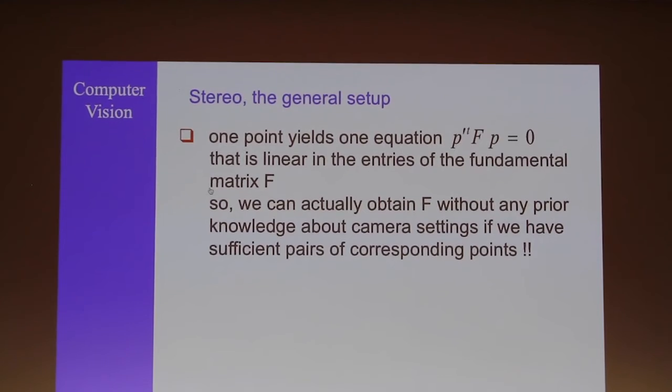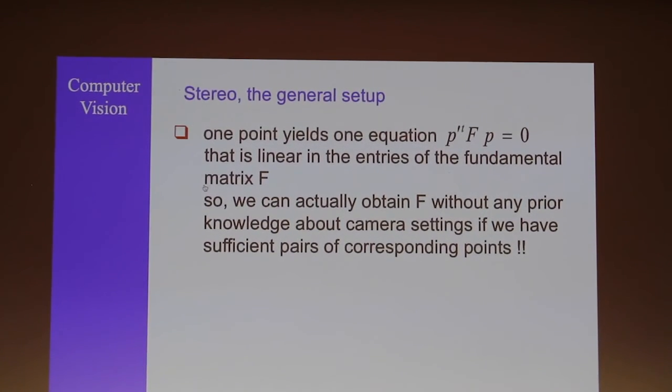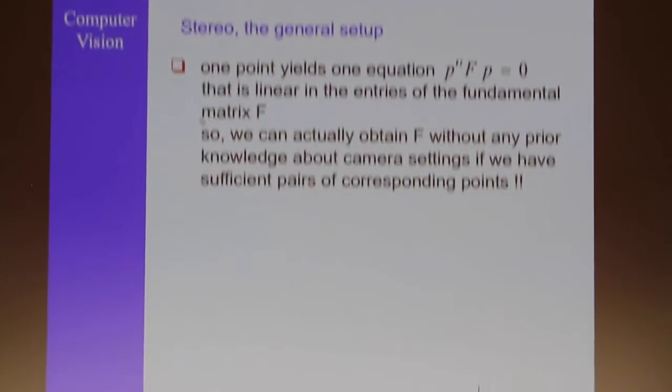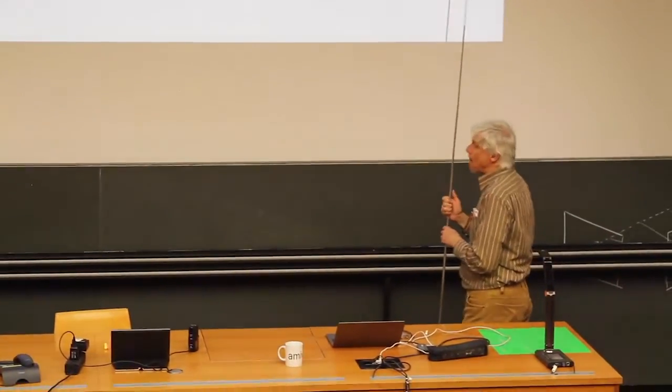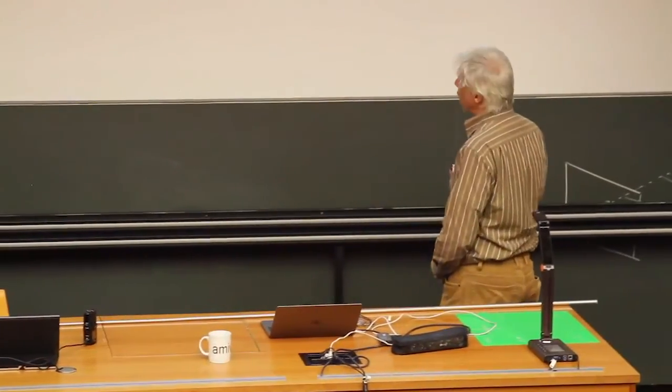Basically, it says that if you take P prime, it has to lie on the epipolar line of P. Because you have to understand that this equation indeed is an expression of a straight line.